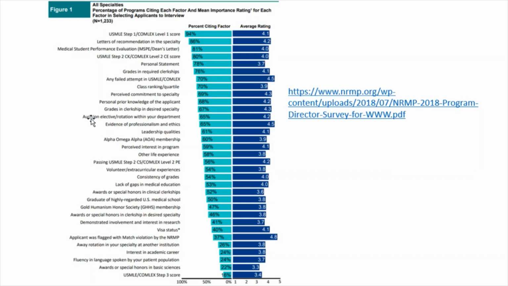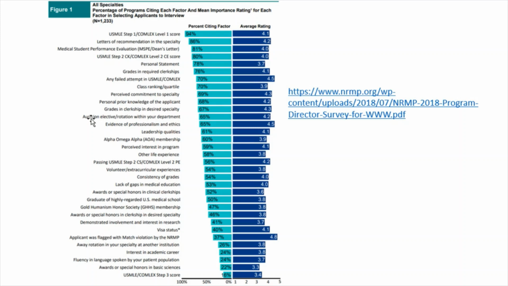Pretty much the most commonly used factors, and some of the most highly weighted factors, are all about how well you did, what kind of grades you got throughout your medical school career. It's not just one exam or certain courses. It's an accumulation of your entire medical career performance. All of it is important.